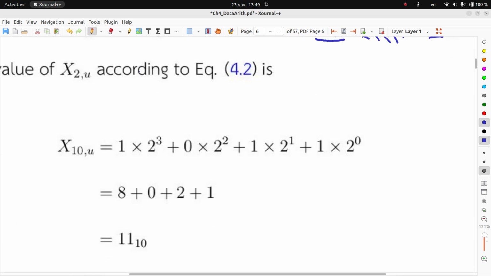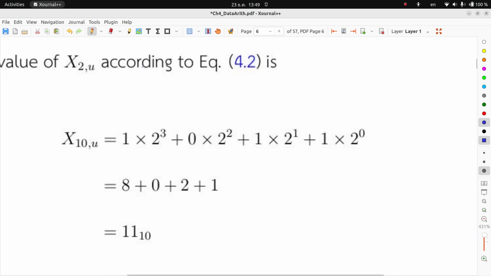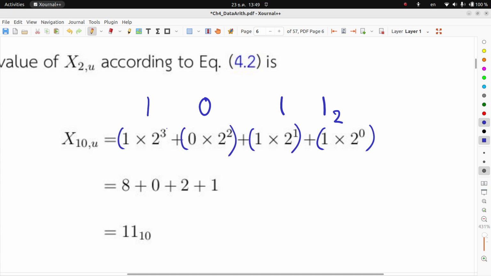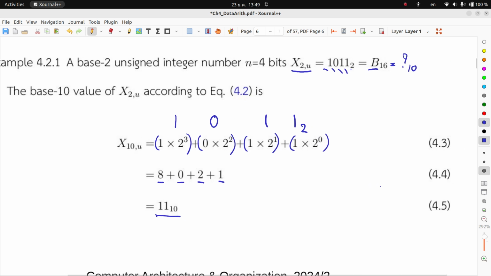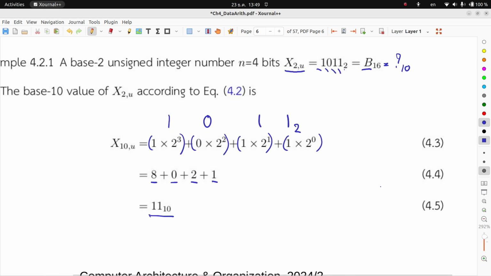But now, I would like to show you that for 1 0 1 1 base 2, you can compute to get base 10 number like this: 8 plus 0 plus 2 plus 1, which is 11 base 10. Okay? Any question? Very straightforward, because we interpret this as unsigned.